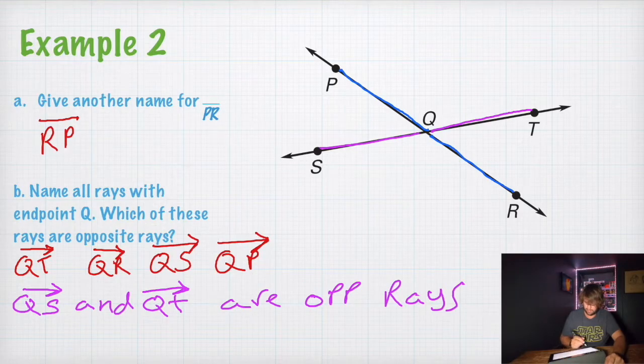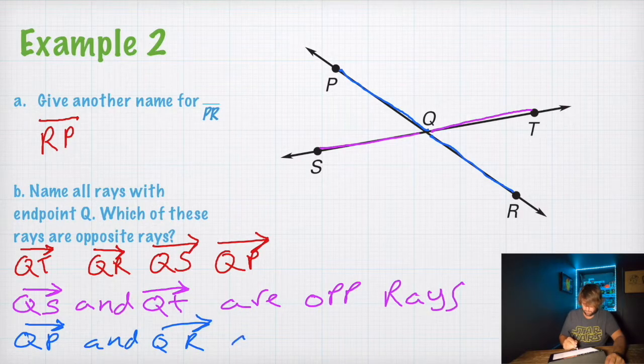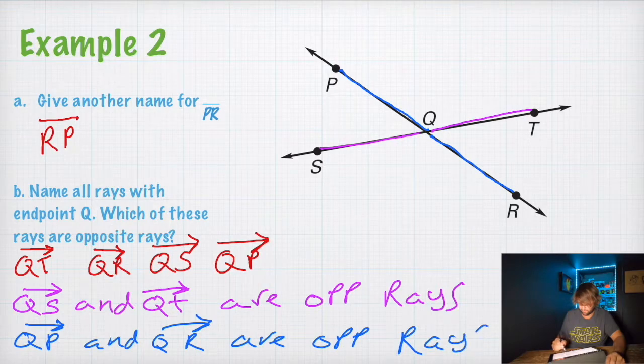Okay, and then same QP and QR are opposite rays. Very cool.